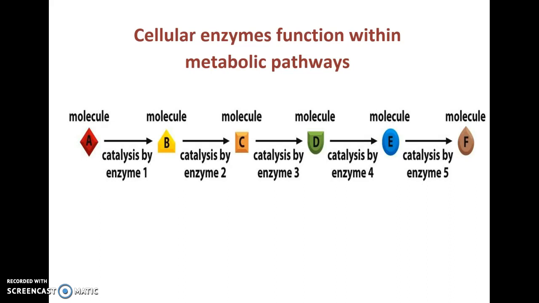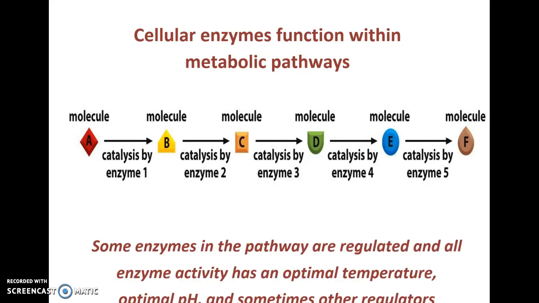And very often, the last thing made by a metabolic pathway, in this case, molecule F, will somehow inhibit enzyme 1 so that you'll have some sort of feedback mechanism to control the rate of production of all of the molecules in the pathway. So pathways are regulated.